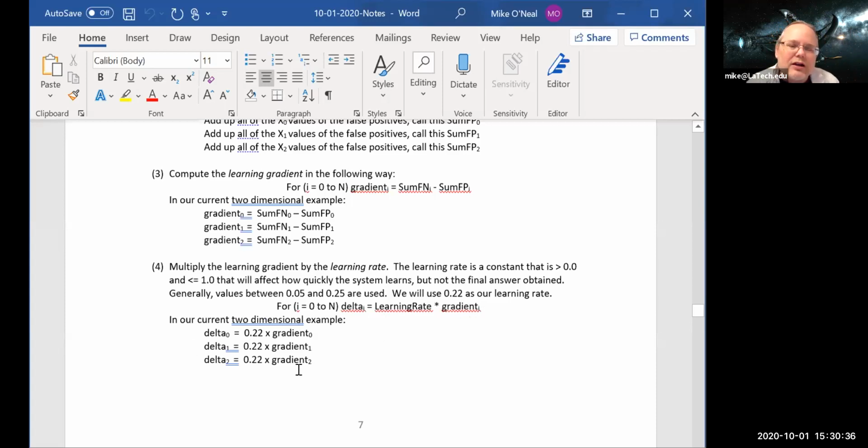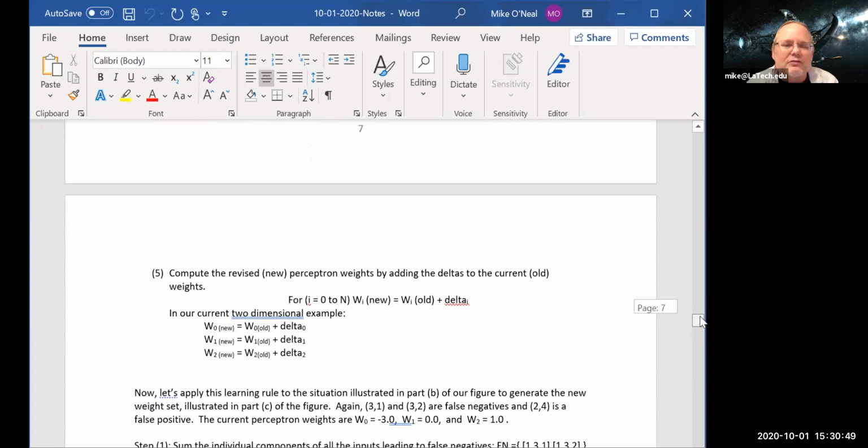I've got it broken out right here. 0.22 times gradient 0 gives you delta 0. 0.22 times gradient 1 gives you delta 1. 0.22 times gradient 2 gives you delta 2. That's your delta. It is a vector.